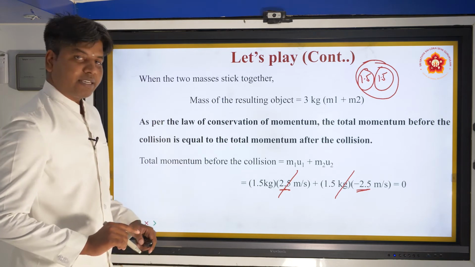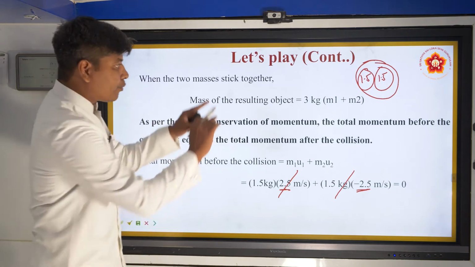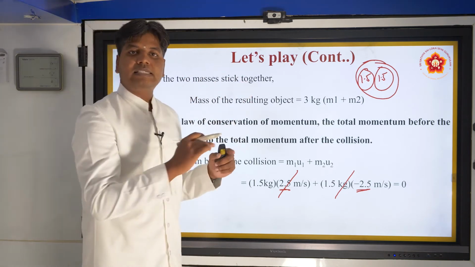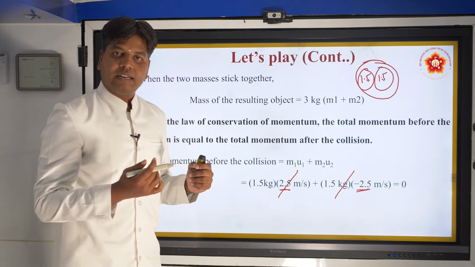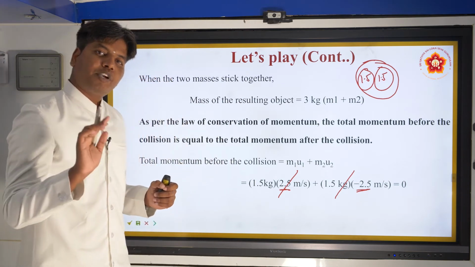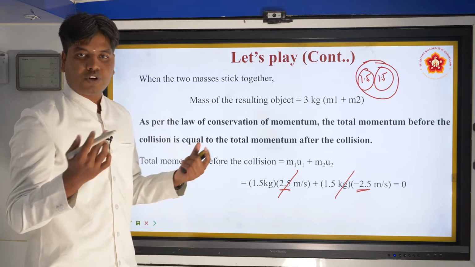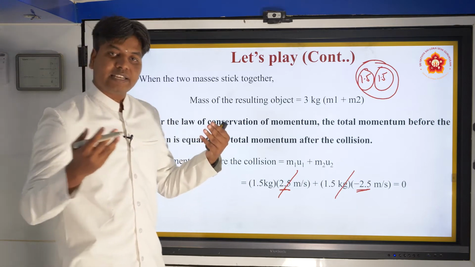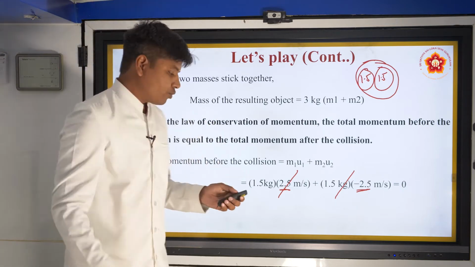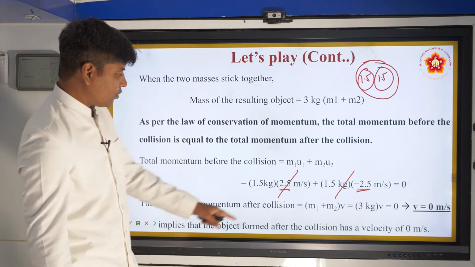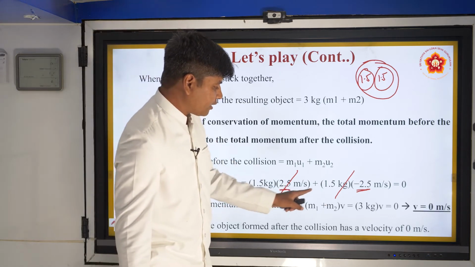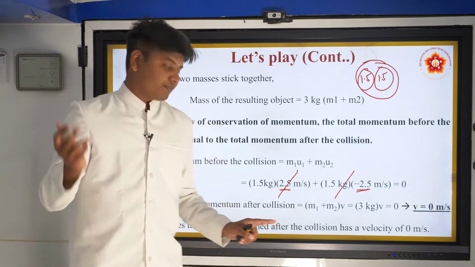So what does it say? The initial momentum of the system is 0. Now what should be the final momentum of the system? It should also be 0. They are sticking together, and you know the mass: m1 plus m2 is the whole mass after the collision.